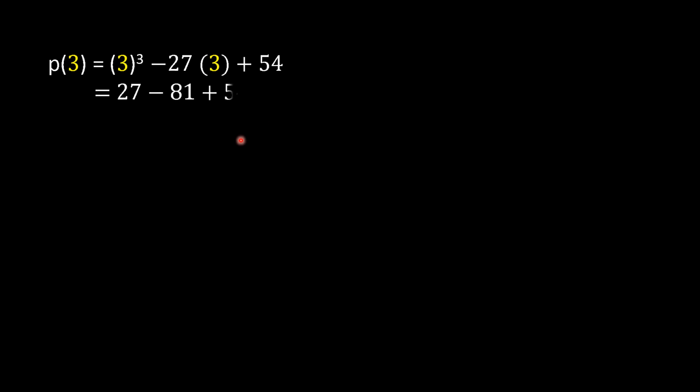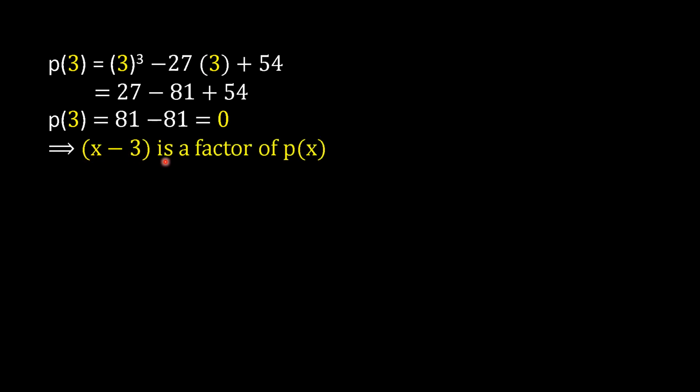This gives us 27 minus 81 plus 54, which will be 27 plus 54, 81, minus 81, that is 0. So P of 3 equals 0 implies that x minus 3 is a factor of Px.